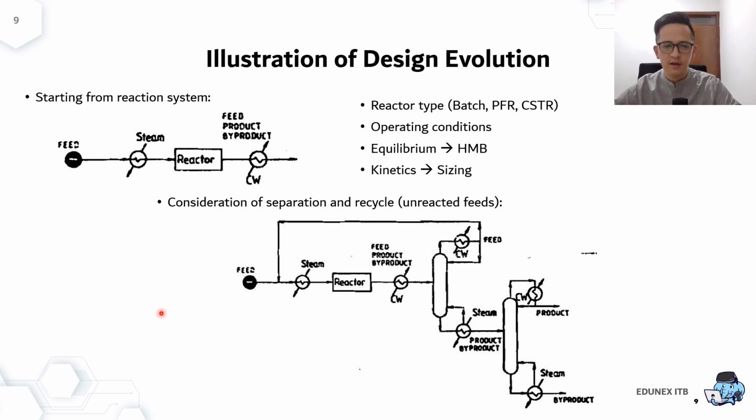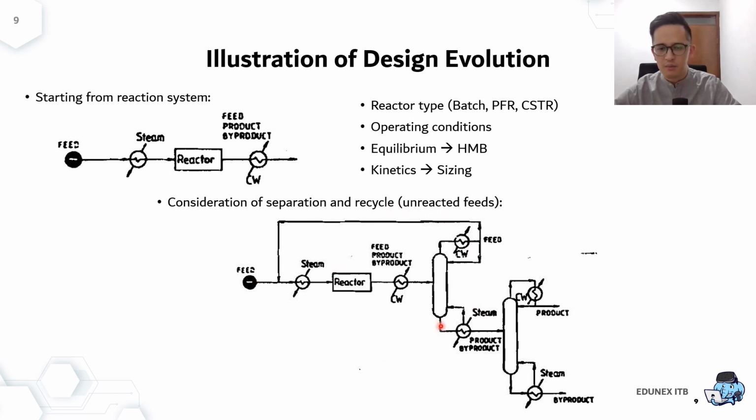And then the next sequence, you will have to consider the separation and recycle. This is just an illustration or an example, okay? So in this example, you cool down your reactor outlet so that some of the unreacted feed and some of the products will be condensed using a simple separation. In this case, the unreacted feed goes to the top, which is the light product, and then is recycled back to the reactor.